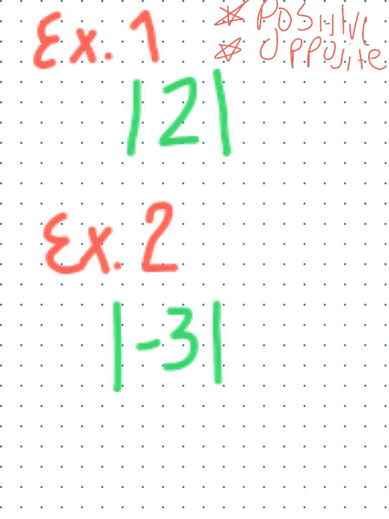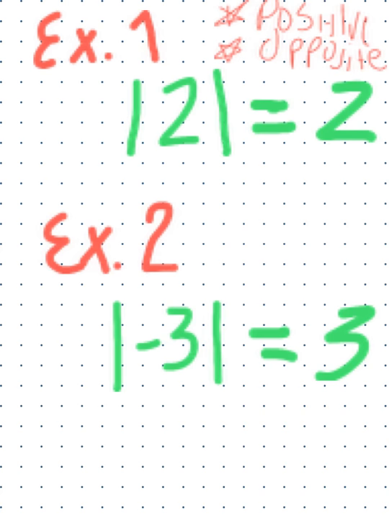All right, so what is the opposite of positive 2? Negative 2, but it has to be positive, so it has to be 2. Okay? Example 2, find the absolute value of negative 3. Right? So it has to be opposite, so that'd be 3, and it has to be positive. So 3. The absolute value of negative 3 is 3.